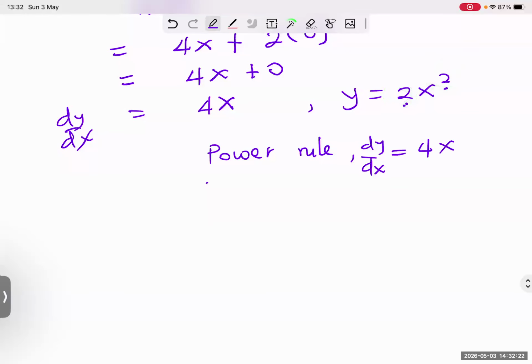Next step is to subtract 1 from the power. So I have 2 minus 1. And that will give me 4x raised to the power 2 minus 1, which is 1. 4x raised to the power 1 is the same as 4x, which is the same as when we used the first principle of derivative.